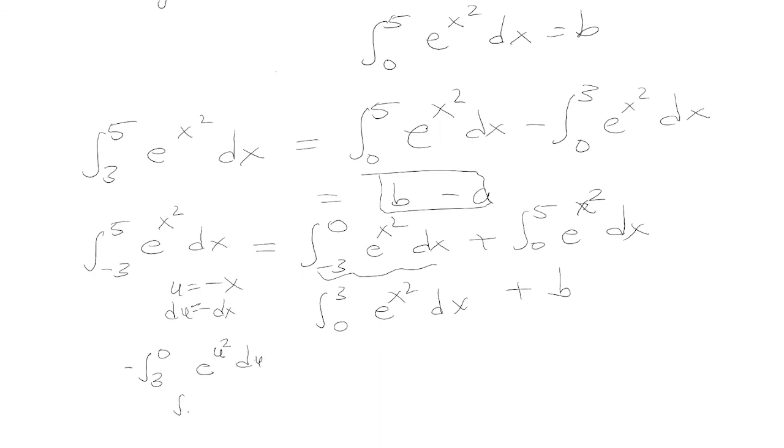And so this would flip as the integral from 0 to 3 of e to the u squared du, which is exactly what I have here, but instead of x, I have u. So they're the exact same value, and so this right here was given to us as a. So the answer is a plus b.